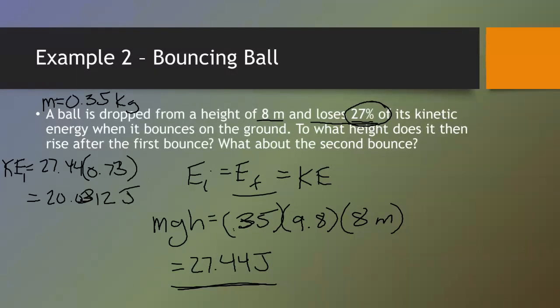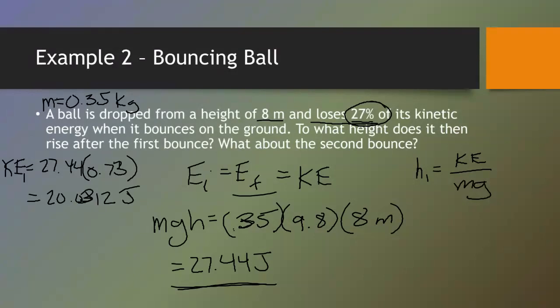All of that kinetic energy that remains will then be converted into potential energy as it moves to the top of its bounce, as it bounces back up into the air. Because the mass and g don't change, we can calculate the height of the bounce as the kinetic energy divided by m times g.